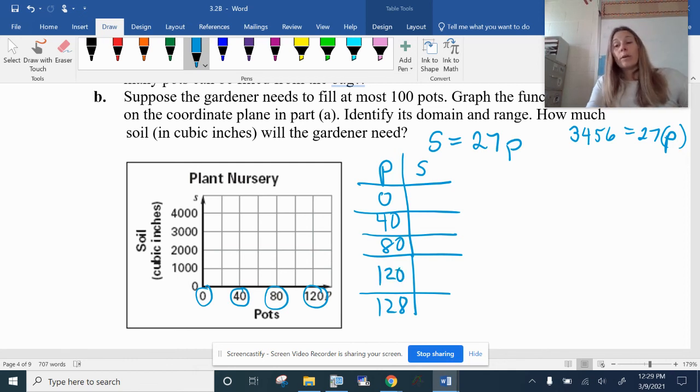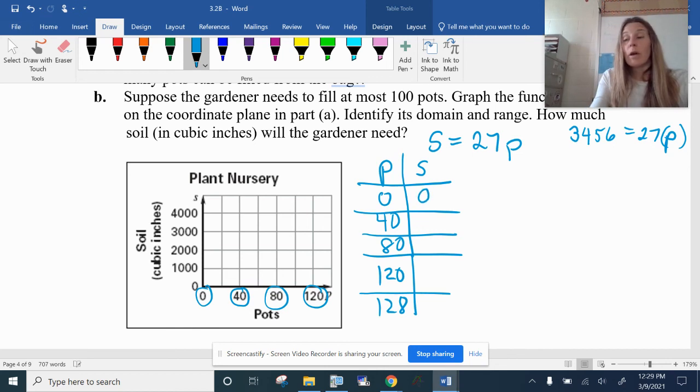So now on my calculator, I would multiply each of these values. So 27 times 0 is 0. 40 times 27 is 1080. So that's how much soil you would need there. Then 27 times 80 is 2160. 120 times 27, 3240.